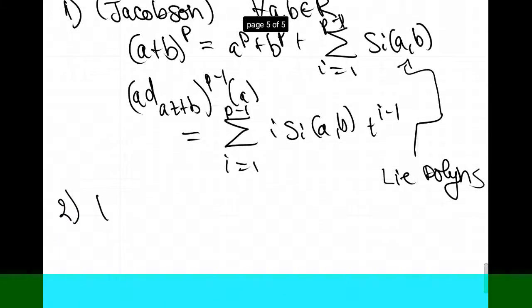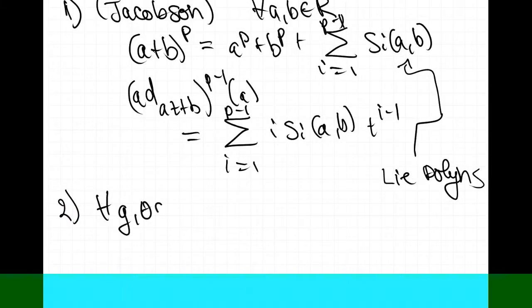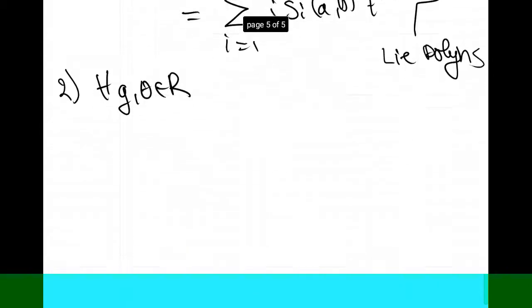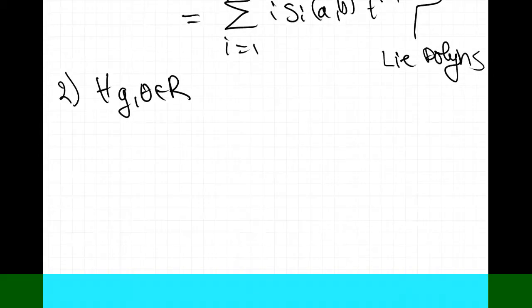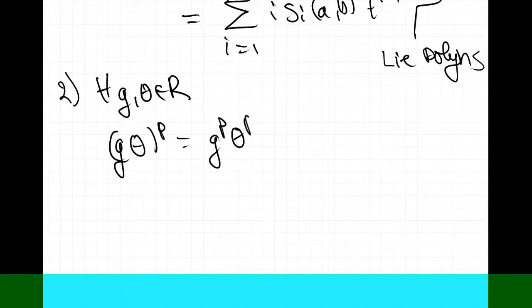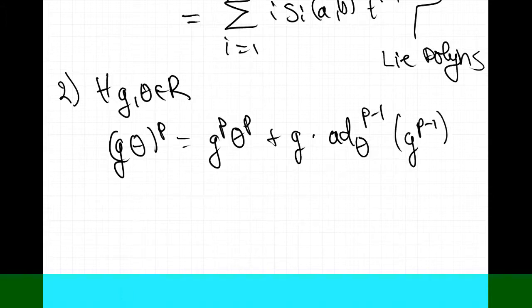For all G, theta in R, we have the following: (G theta) to the P is equal to G to the P theta to the P. So it distributes, but then we have this kind of weird correction factor where you have G, and you have to do the adjoint action P minus 1 times to G to the P minus 1, and then we get theta again.